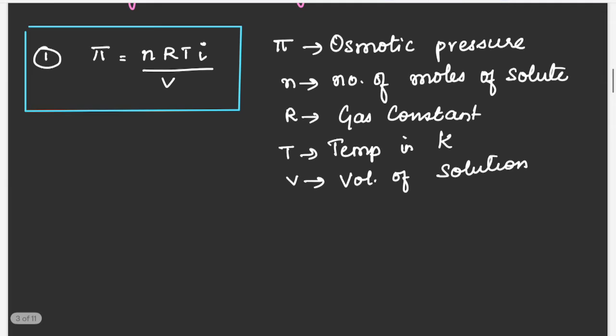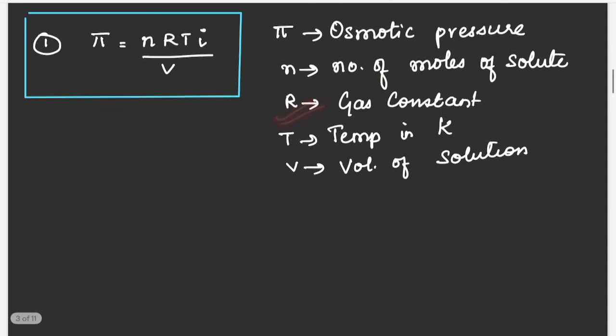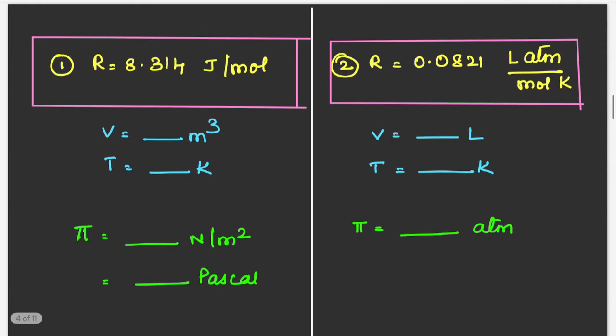Now we are going to take one example and solve for osmotic pressure. But before that, you can see in this equation there is R. R is called the gas constant. For R there are two values, so make a note of this. One value is R equal to 8.314 joule per mole per Kelvin. The second one is R equal to 0.0821 liter atmosphere per mole per Kelvin.